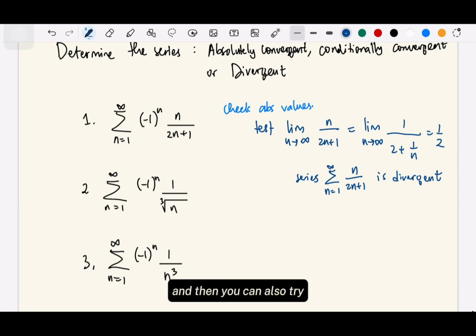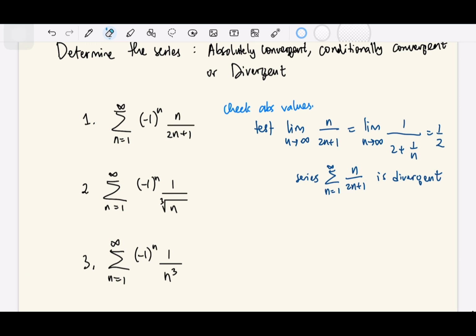And then you can also try to check the other number as well. Yeah.